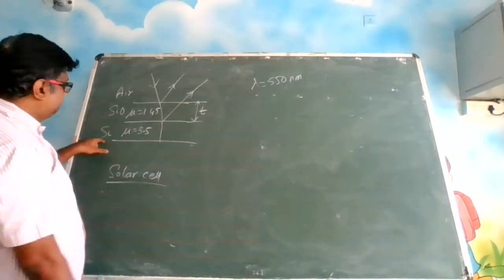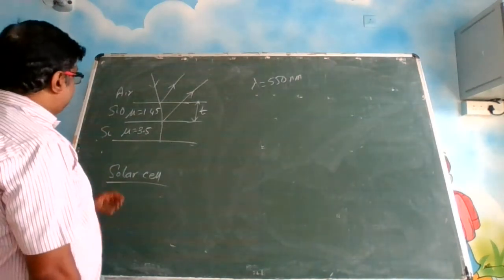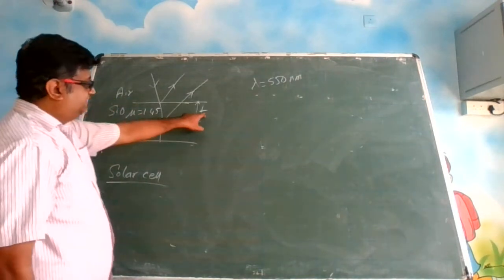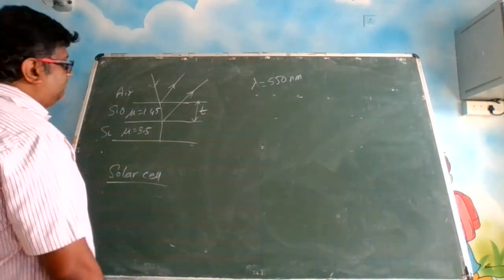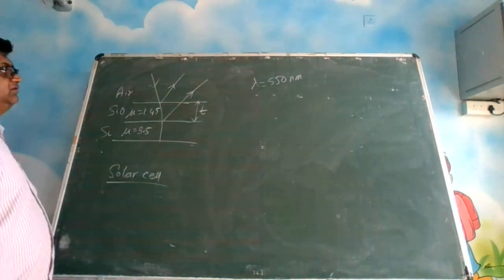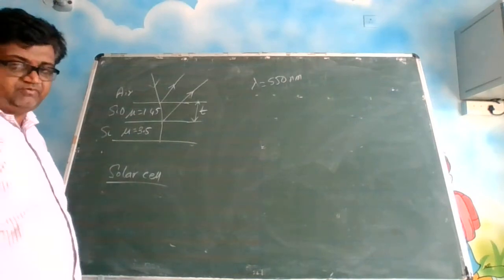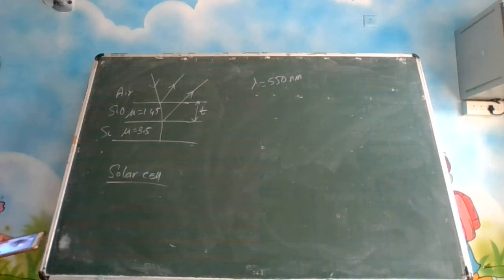It is the arrangement of a solar cell. Now, the thickness of this thin film of silicon oxide, let us say, is small t. Then they are asking you for a destructive interference. For a destructive interference, what is the thickness value?